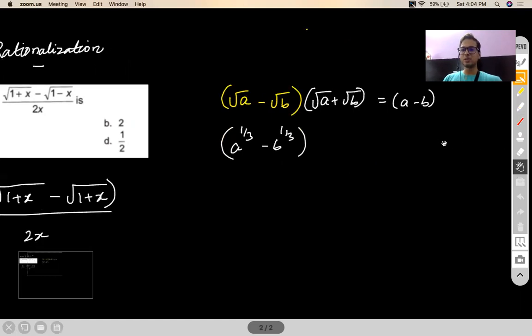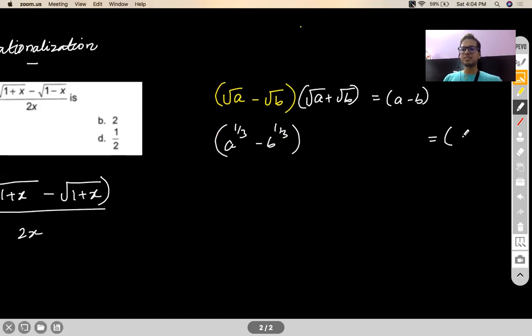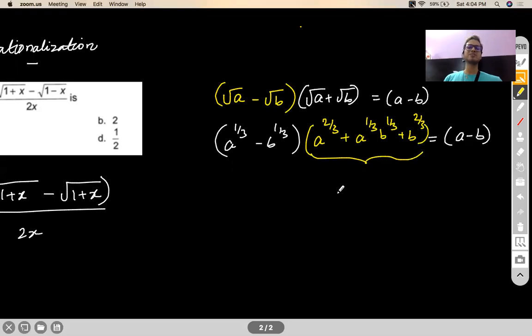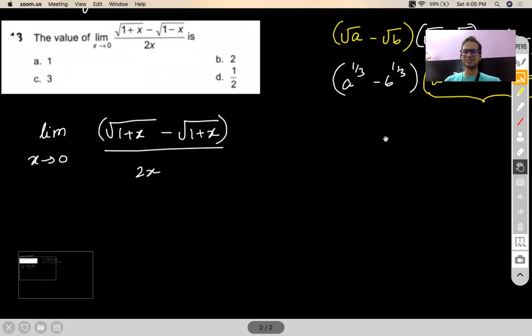In other words, they ask you to multiply it with something so that it gets converted to a minus b. So what would be the rationalization factor in that case? The rationalization factor would be a to the power 2/3 plus a to the power 1/3 times b to the power 1/3 plus b to the power 2/3. So it is not always about changing the sign in between. Please get your understanding clear with respect to how to choose the rationalization factor.